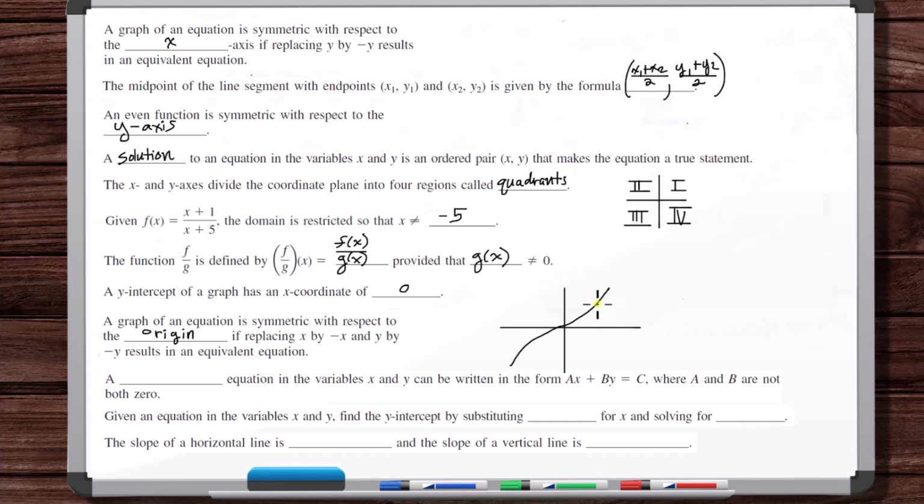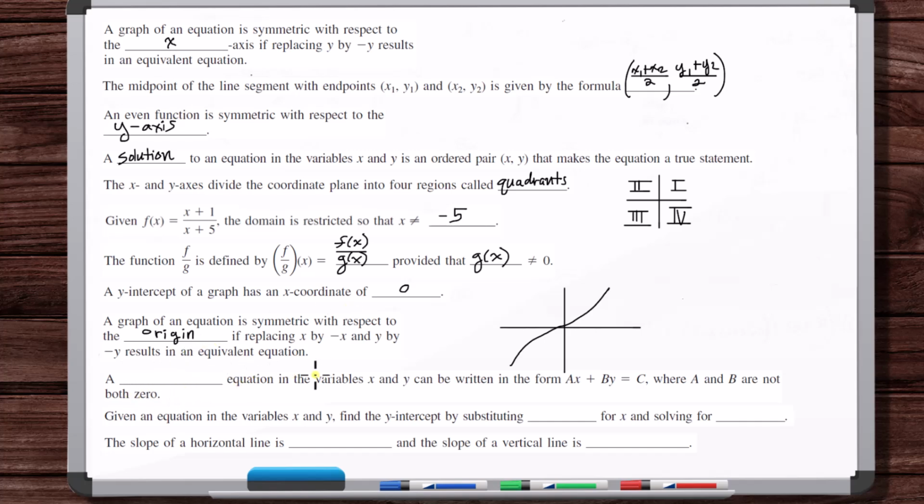If we replace y by minus y, we come here. Look, we're not on the graph. It's not symmetric with respect to the x-axis. But if we replace x by minus x and also y by minus y, we're on the graph. That's symmetry with respect to the origin.